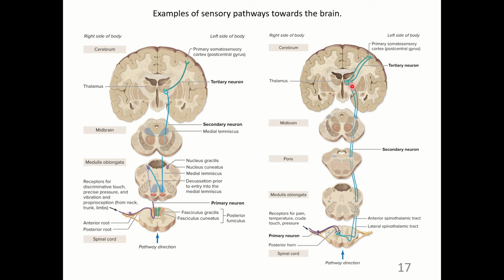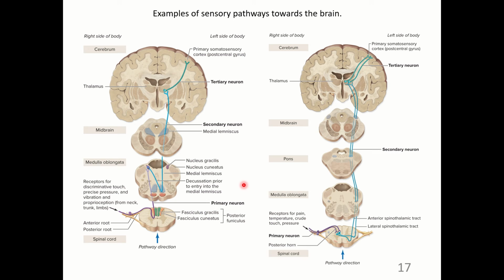All sensations except for olfaction or smell will synapse in the thalamus before they are sent to the appropriate area of the cerebral cortex. In this case, with the sensory pathways, the thalamus will send sensory information towards the primary somatosensory cortex. If you recall, the somatosensory cortex will be sensations that we are conscious of.